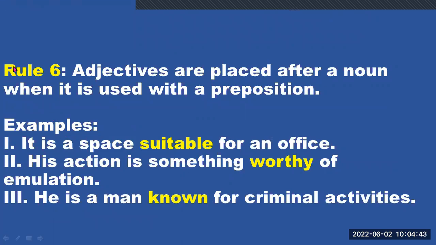So now, rule number 6: adjectives are placed after a noun when they are used with a preposition. When we combine a preposition with an adjective, we usually can't place it before a noun. We place it after the noun.